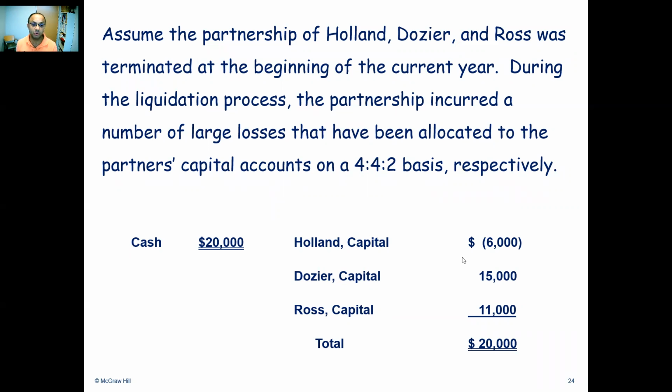As you can see, Holland here has a deficit of 6,000, and we need to know how it will be covered. First of all, we see if Holland can cover it by himself or the other two partners can cover up this loss.